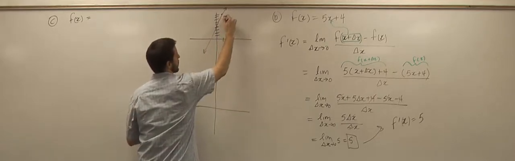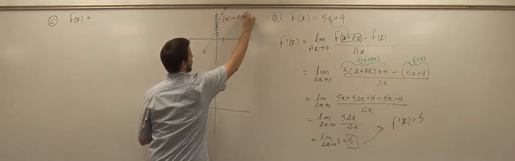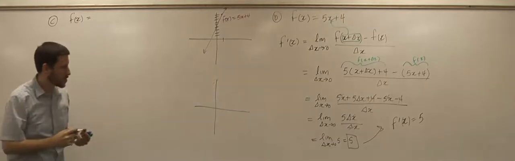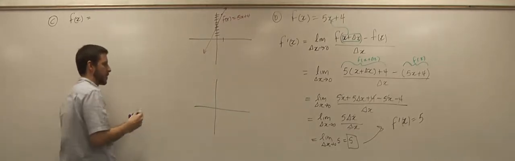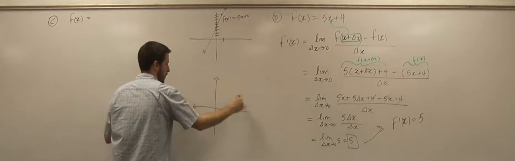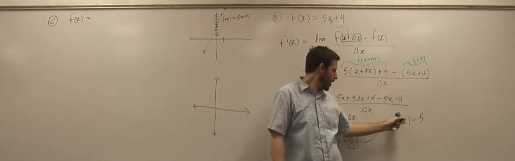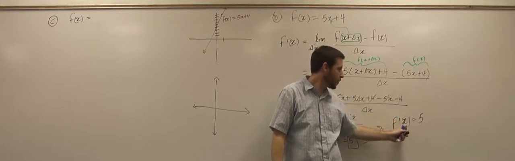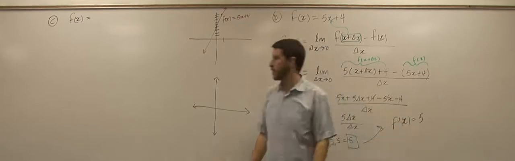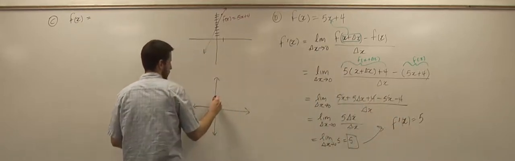This is f of x equals 5x plus 4. And what is the graph of the derivative function? The derivative function, f prime, is just 5. No matter what x is, the derivative is 5. So what kind of line is this? Horizontal line.